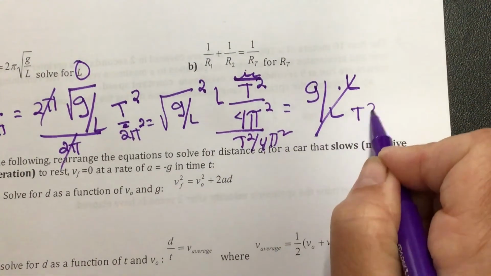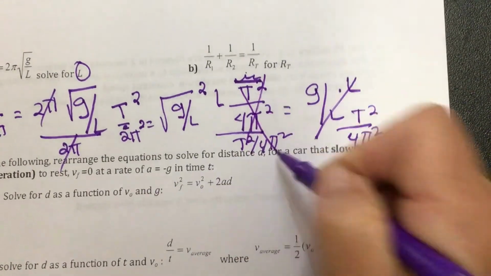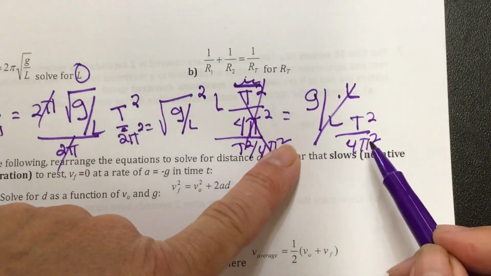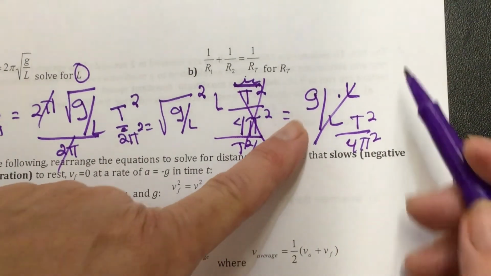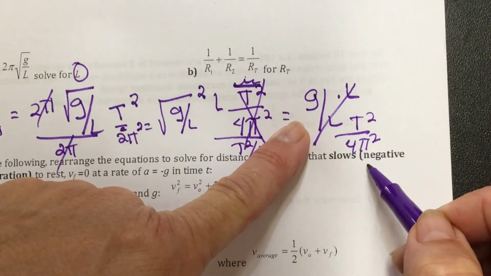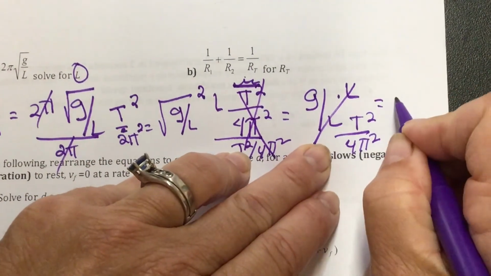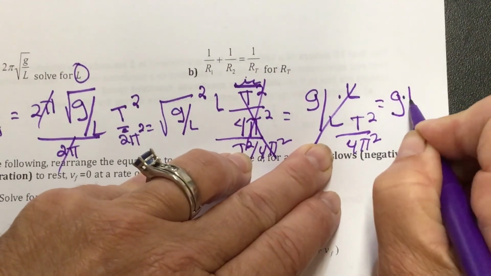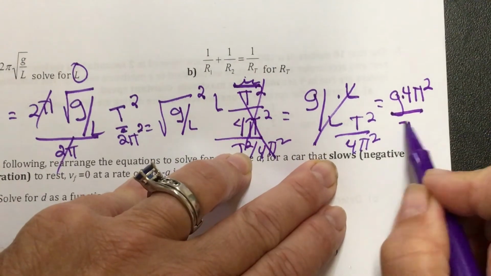This is t squared divided by 4 pi squared. This cancels. And what do I do about this mess? Well, again, in math class, it's the reciprocal. So if you've got g divided by t squared divided by 4 pi squared, it's the same as multiplying by the inverse, and so that's equal to g times 4 pi squared divided by t squared.